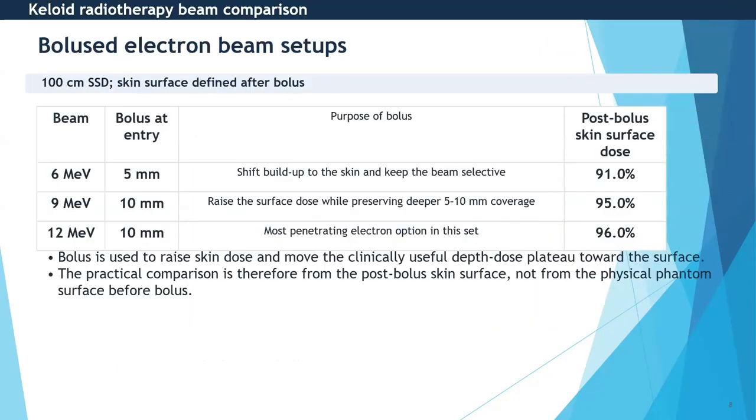So the doses then at skin entry, that's under the 5 millimeters or 10, are 6 MeV raised to 91%, and the 9 MeV to 95%, the 12 MeV 96%. They still haven't reached 100, which is what the superficial beam will be at entry.